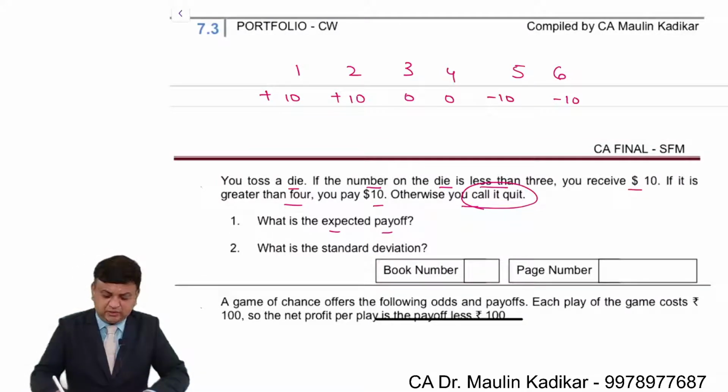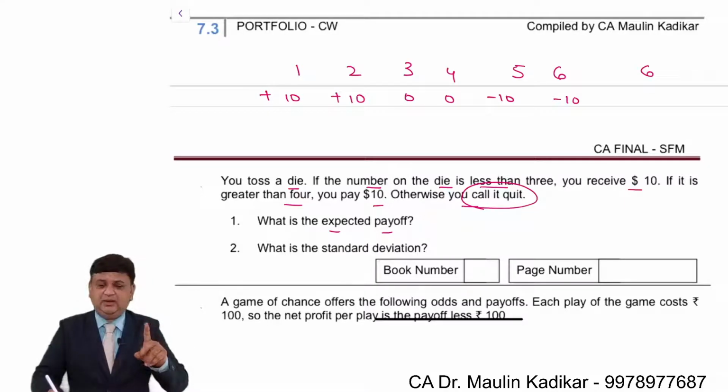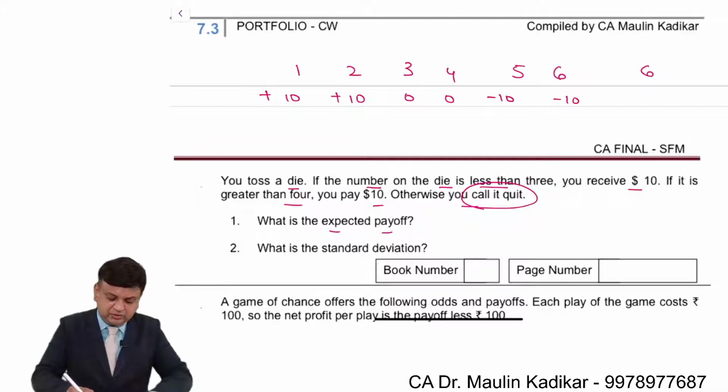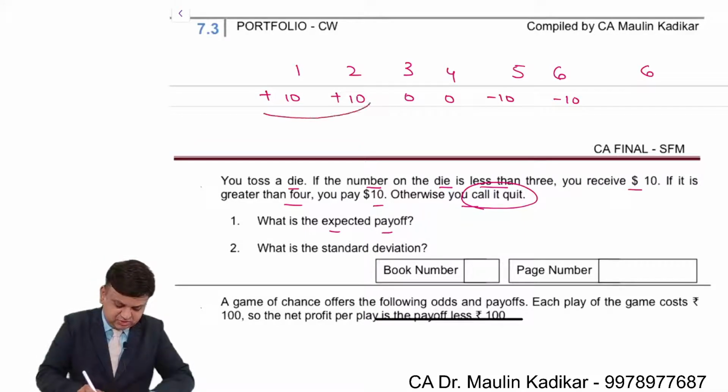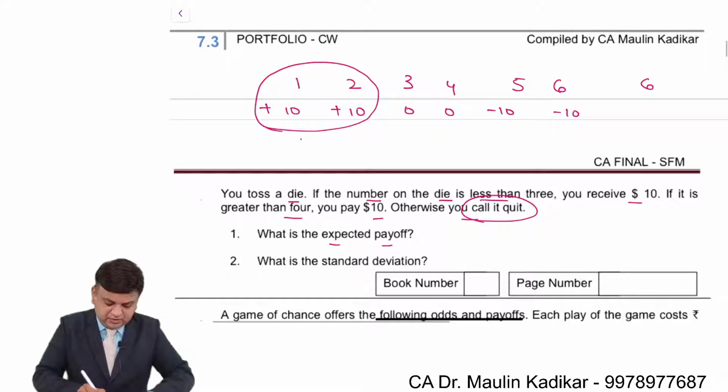So dear students, out of 6 possible outcomes, because when you toss a die, the number can be 1 or 2 or 3 or 4 or 5 or 6. So 2 out of the 6 situations, you are going to receive $10. So 2 out of 6 means 1/3 chances that you will receive $10.